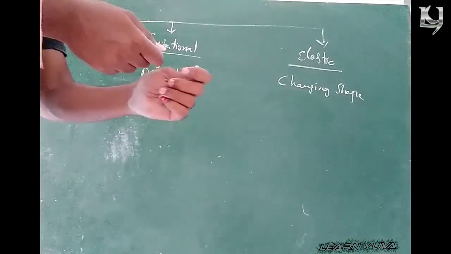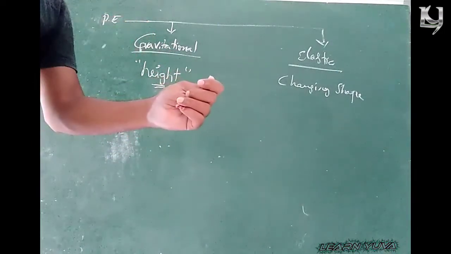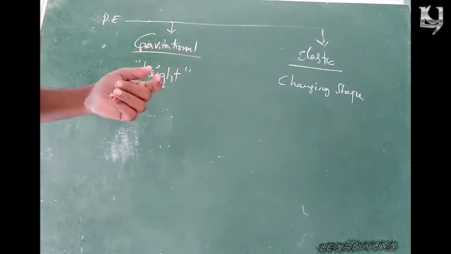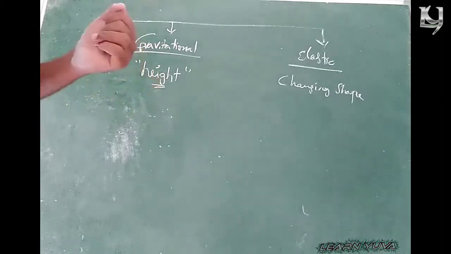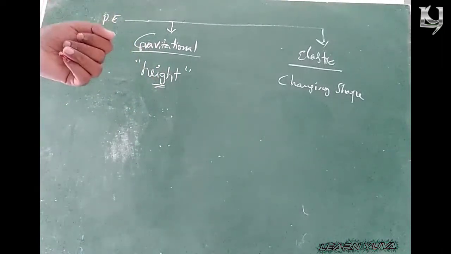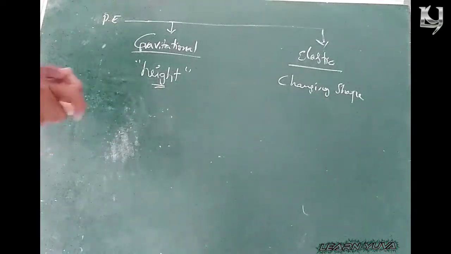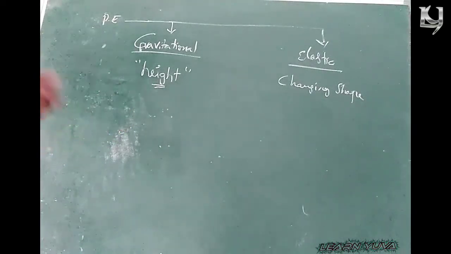An arrow on a bow: if you are drawing the arrow in the bow, the string of the bow possesses elastic potential energy. A catapult: the stretching rubber band also possesses elastic potential energy.